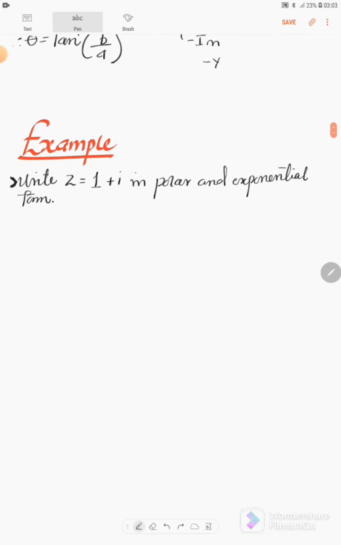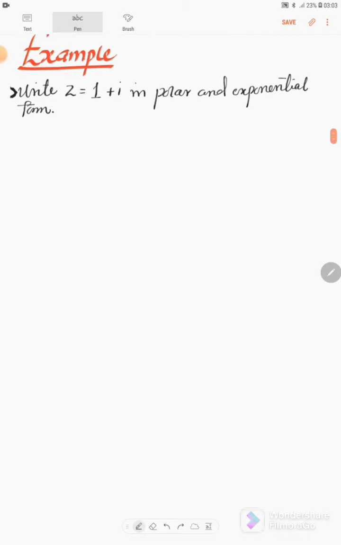The first example says: write z equals 1 plus i in polar and exponential form. Solution.